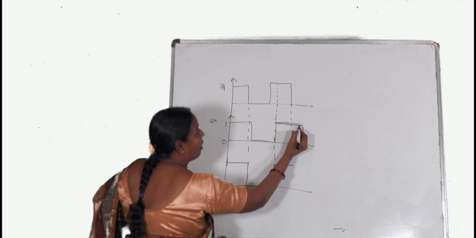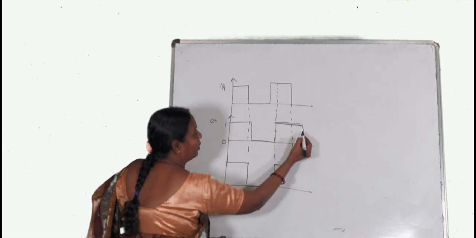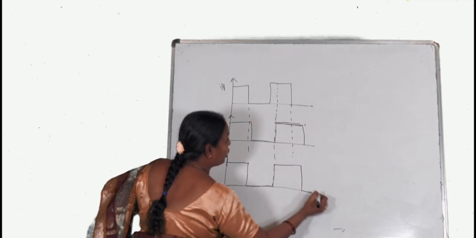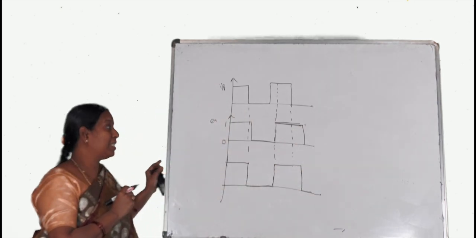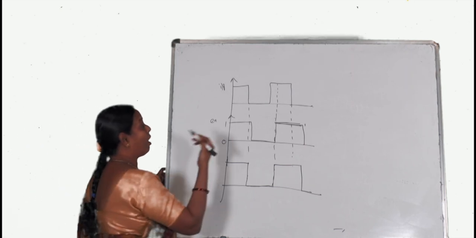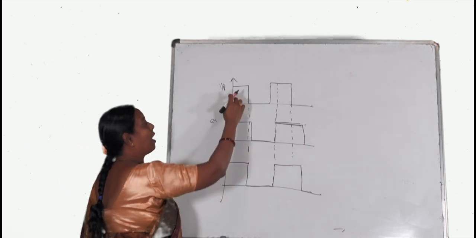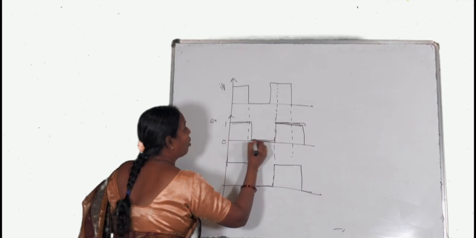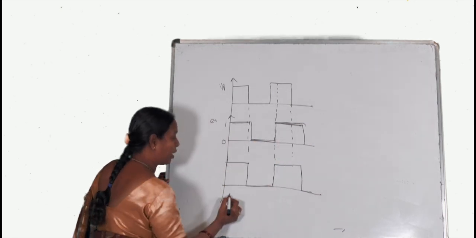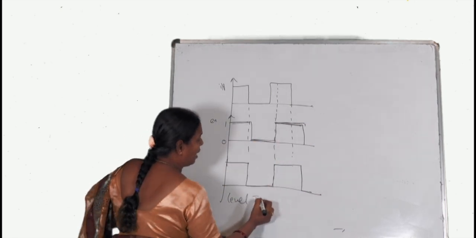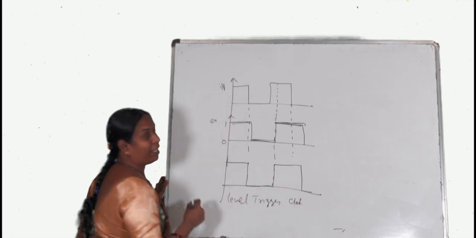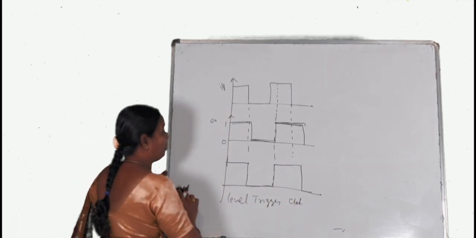But up to the high value, the output is high. Afterwards, again it will be 0. So here the output varies according to the levels. That's why we call these level trigger circuits. Latches are level triggered.